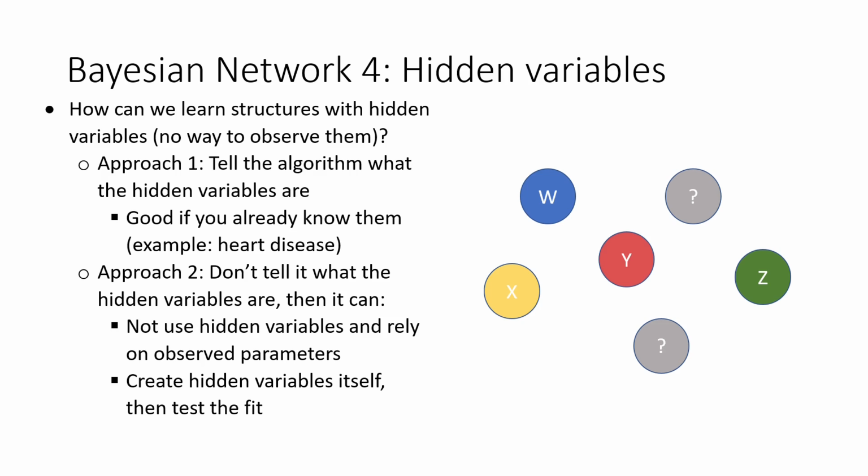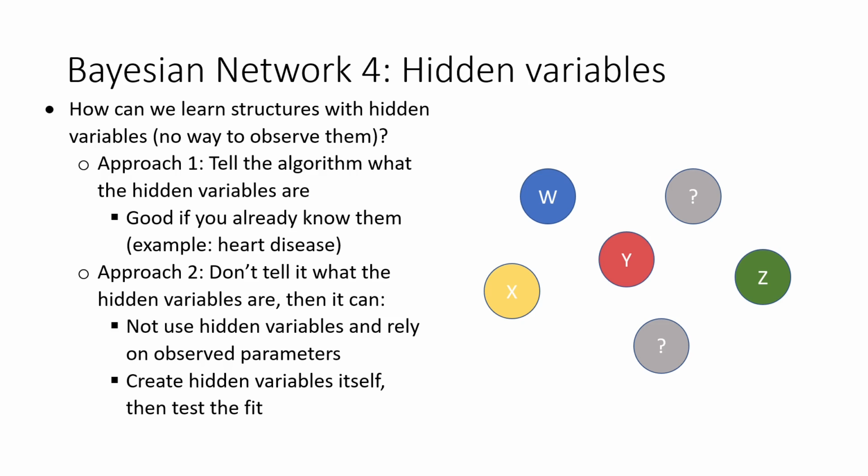Approach 2 is that you don't tell it what the hidden variables are. Then, there are 2 different types of algorithms. One just doesn't use any hidden variables and just creates a structure based on the observed parameters. That would probably come up with a pretty complex model with lots of relationships between the nodes, but it could still describe the data pretty well.